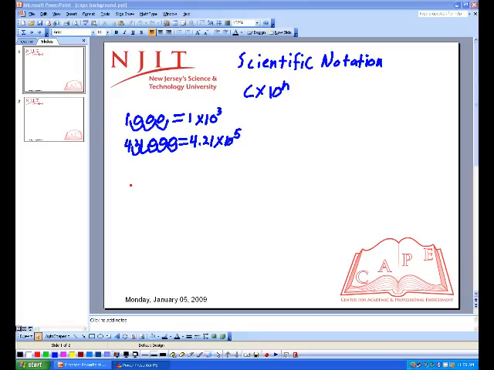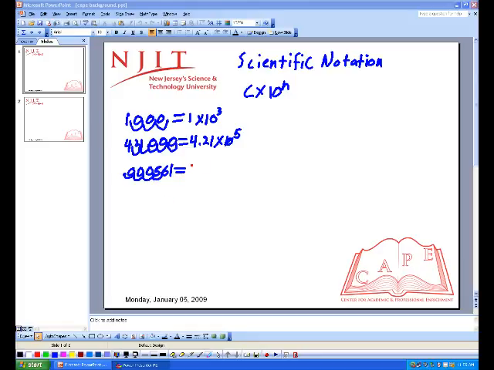If we have a decimal number, say 0.000561, the decimal point is right before the first zero. We move it 1, 2, 3, 4 times to get to our base 5.61.